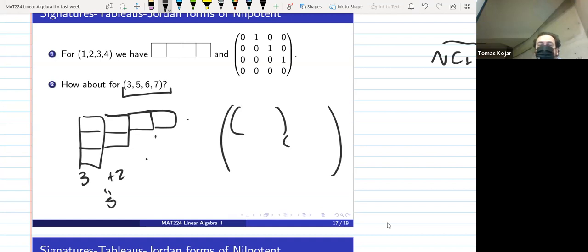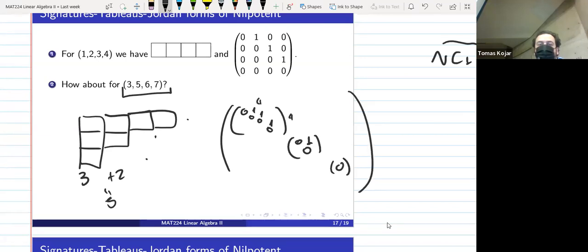Okay, so 3 cycles, 3 blocks, and that's it. And it will be 4 by 4, and 2 by 2, and 1 by 1. So you have 1, 2, 3, 4. Then you have 2 by 2, so you just put a 1, and then you have a 0. Okay?